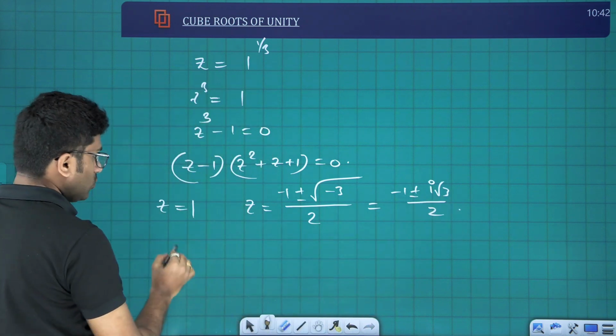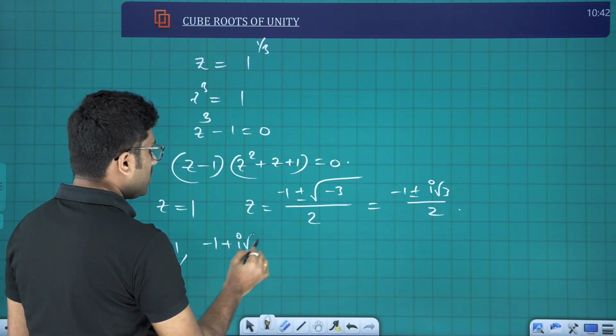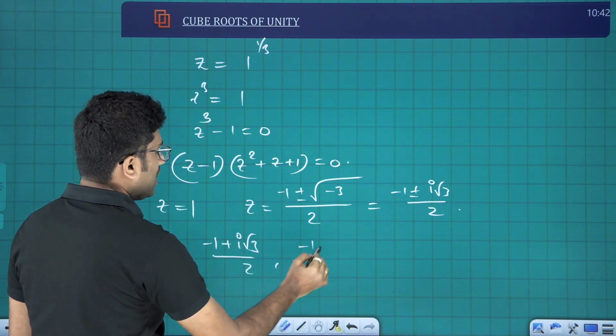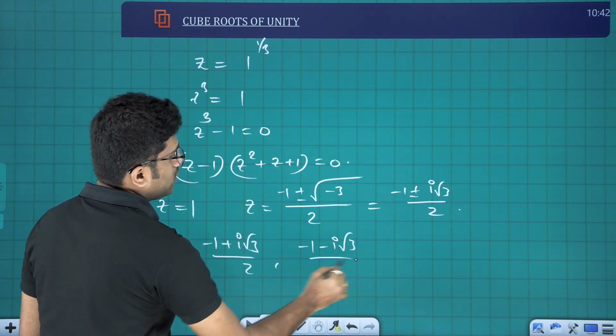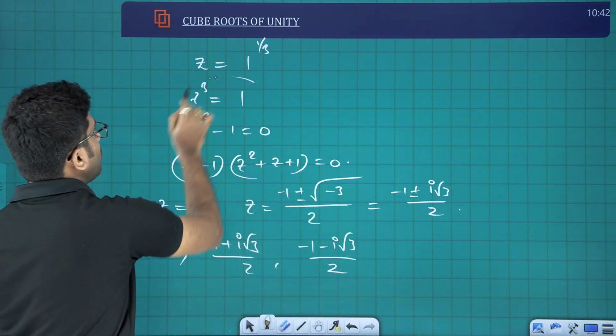Now these values, 1, minus 1 plus i root 3 by 2 and minus 1 minus i root 3 by 2, these three are the roots of this equation, friends.